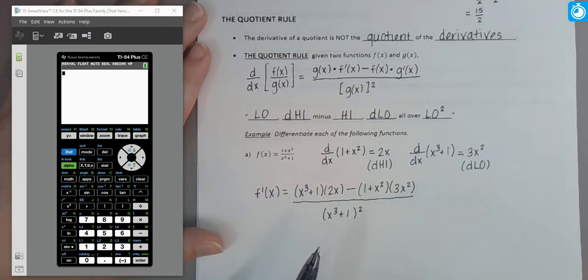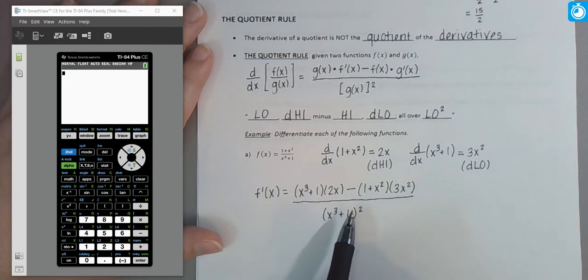Here we have a couple things to simplify, but how far we simplify is really just going to depend on the situation we're in. In most cases, when you apply the quotient rule, it's appropriate to just leave the denominator as is, particularly if your denominator came from a function that has more than one term.